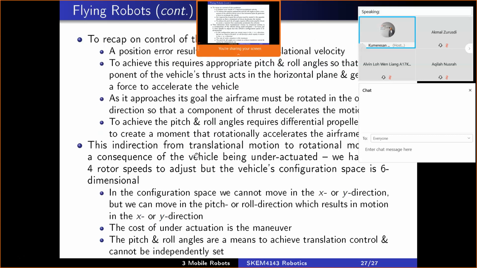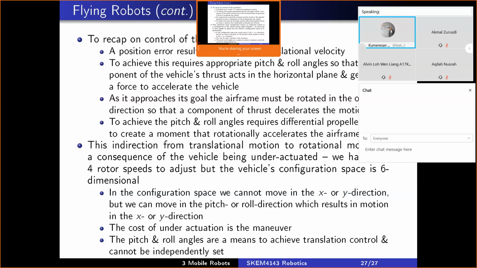And then the last slide talks about the overall operation. What it says is that we start with the position error. Let's say you want the quad rotor to go from one position to another in the world coordinate frame.